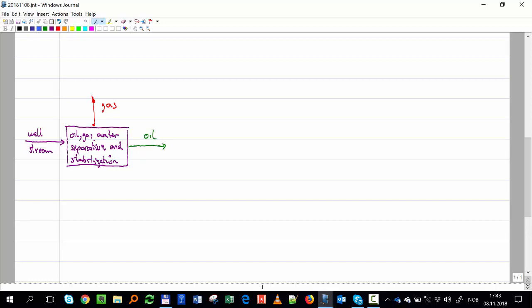And then we have one stream coming down that has the water. And that's really the core.